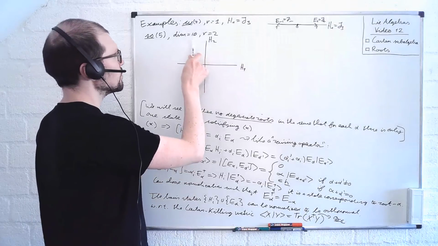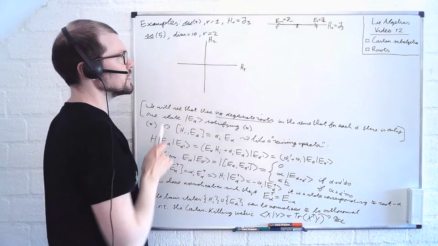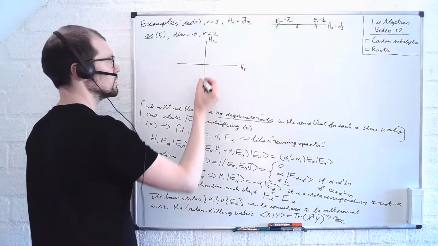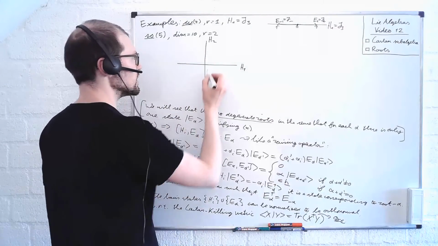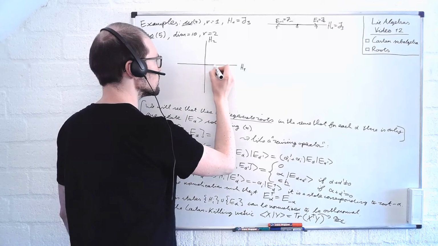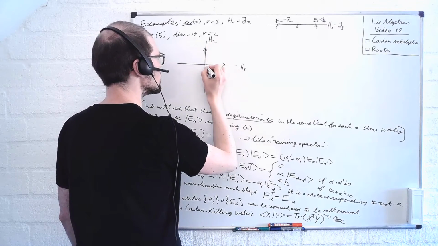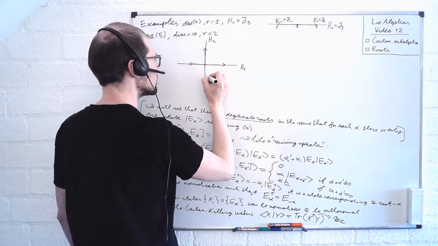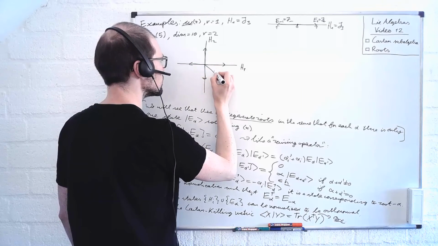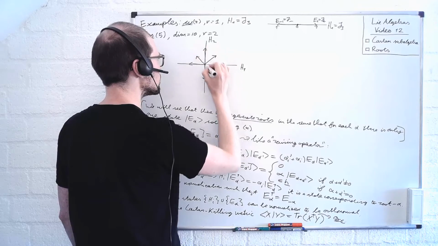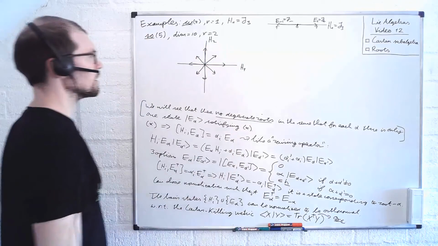And then there have to be 8 remaining basis states, so 8 roots in here. They're all distinct. And what are these roots? Well, they take the following form. Like this.